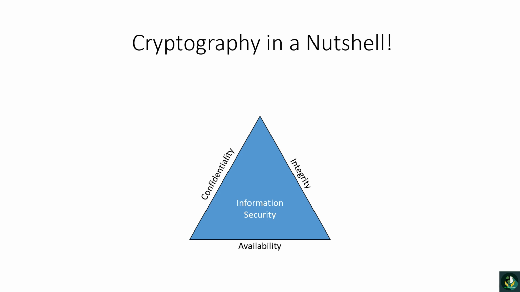And integrity measures protect information from unauthorized alteration. So these measures provide assurance of the accuracy and completeness of data. The need to protect information includes both data that is stored on the systems and data that is transferred between the systems, such as email.